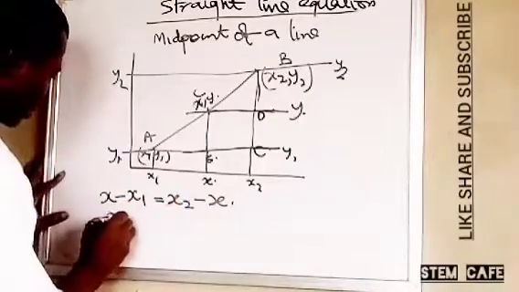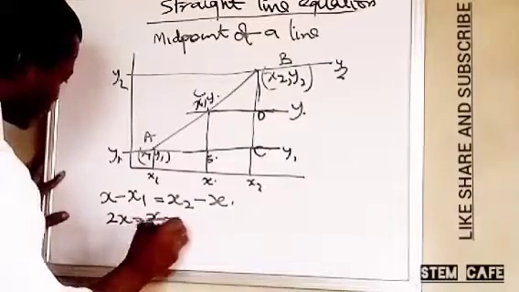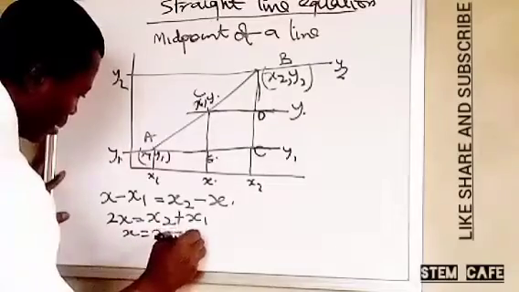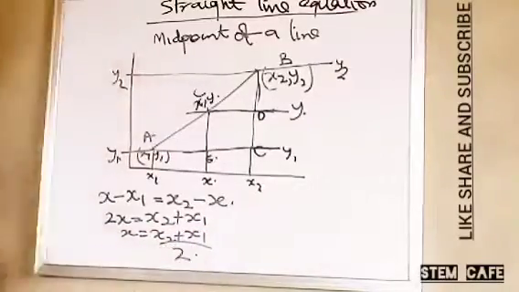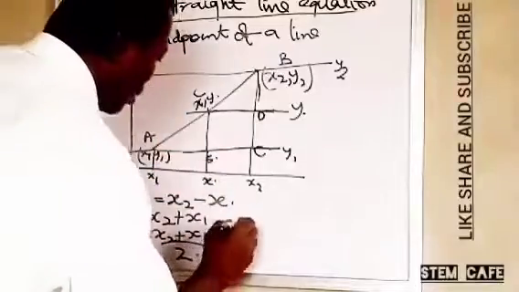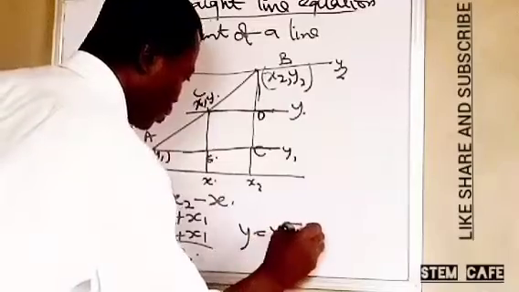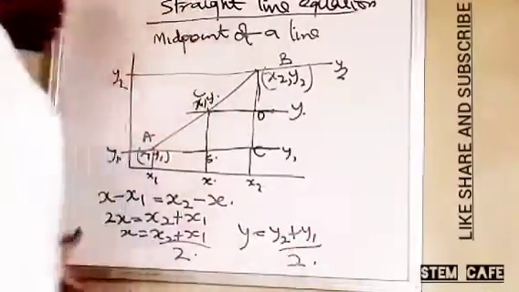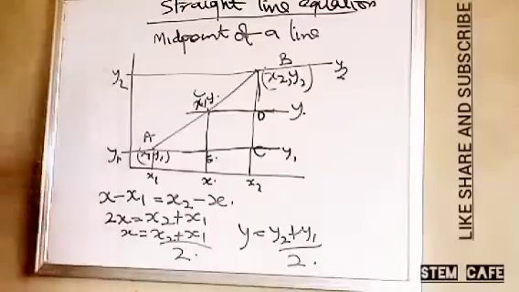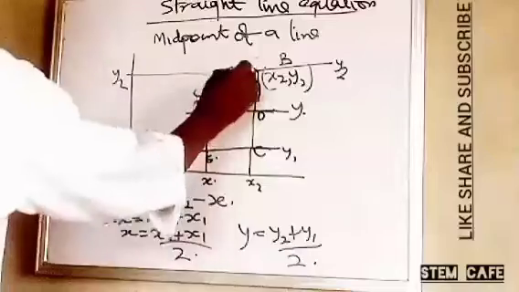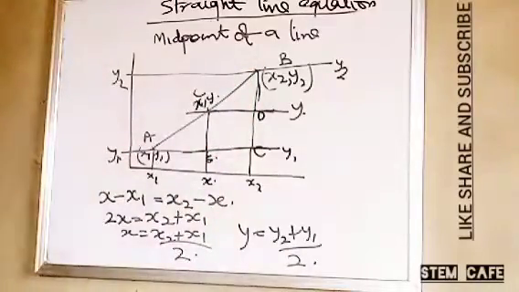Now I have 2x equals x2 plus x1, so x equals (x2 plus x1) over 2. In the same vein, y equals (y2 plus y1) over 2. So the components of the midpoint of a line are the sum of the corresponding components of the endpoints divided by 2.